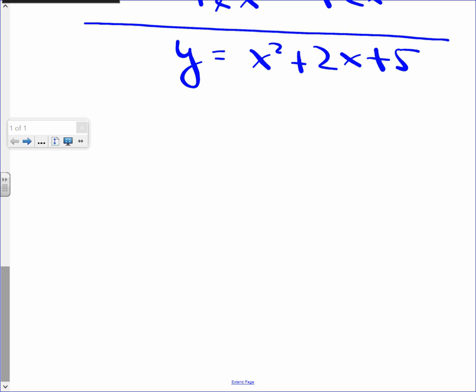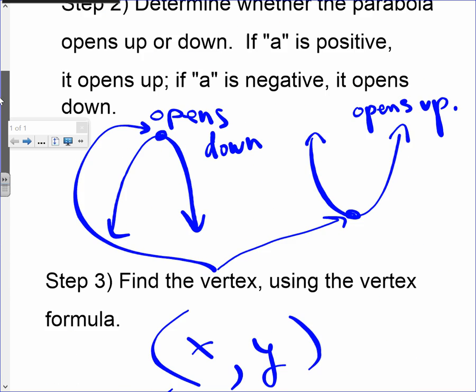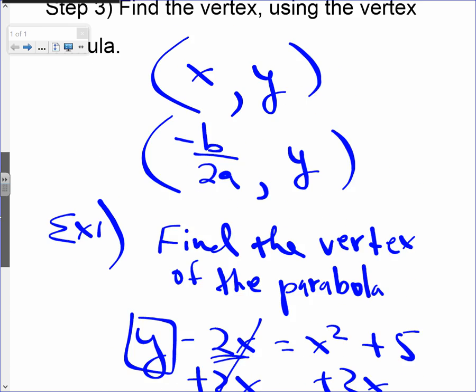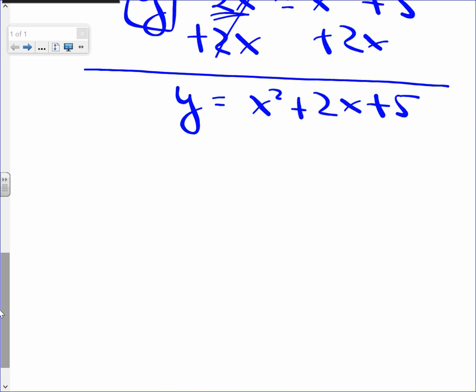Anyway, x squared plus 2x plus 5. Now, step 2. Is this parabola going to be opening up or down? It says if a is positive, it opens up. It looks like this. If a is negative, it's going to open down. A is positive. What is a specifically, Hernandez? Positive 1.